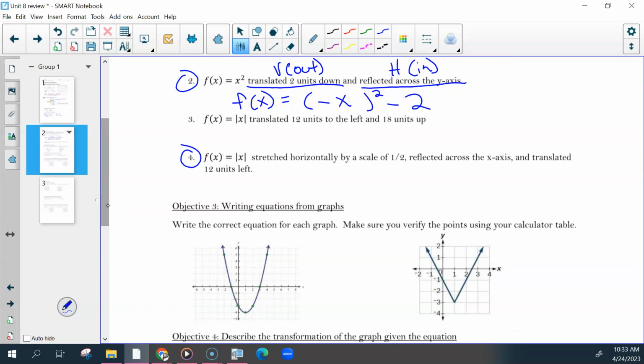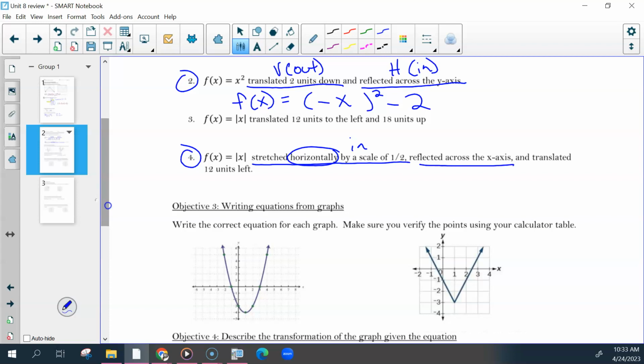Okay. 4 has an absolute value. So make sure you have the correct function when you're writing it out. It is stretched horizontally by a scale of 1/2. It tells you what type it is. So that's going to automatically go on the inside. It's reflected across the x-axis.